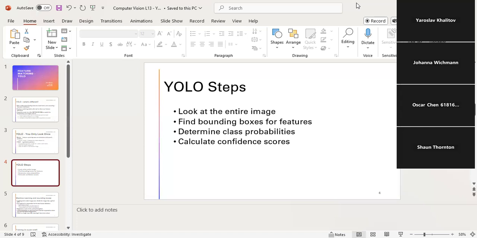And then within each grid cell, the algorithm determines, is the feature I am looking for in this grid cell? If it is, how much of the cell does it occupy? And if it is there and it occupies some of the grid, how sure am I that it is there?